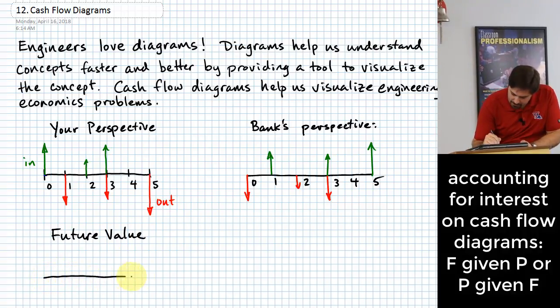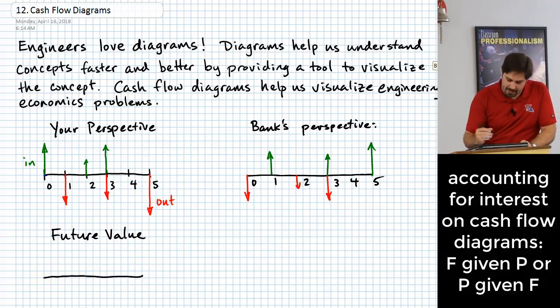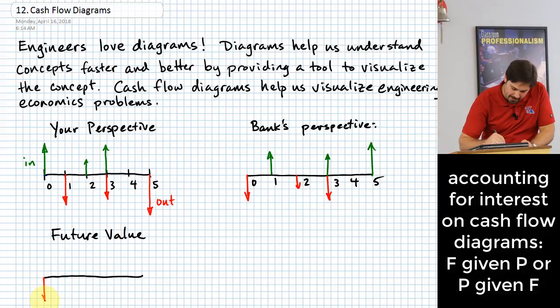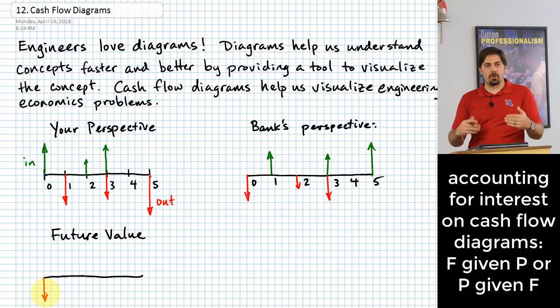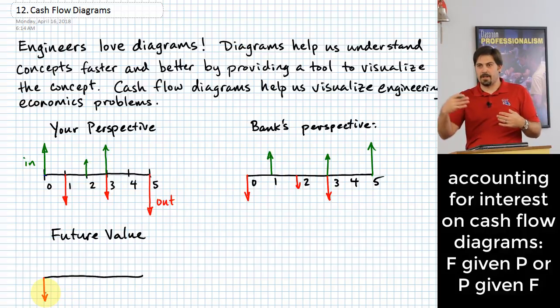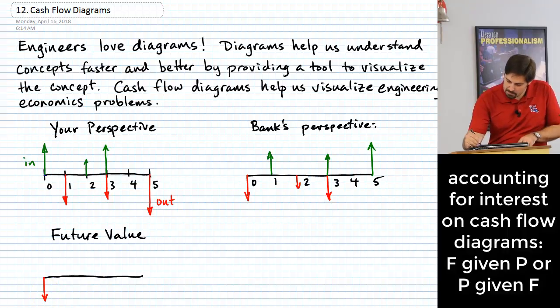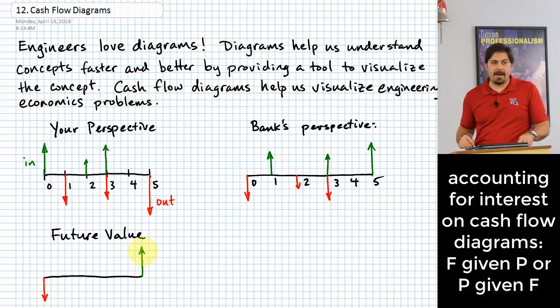Let's say you have this timeline, okay? And what happens here is you are going to put resources into an account, which means you have to pay into the account, so it's coming out of your own resources. And then after having stored those resources in the account for a specified number of periods, you get to take some out.